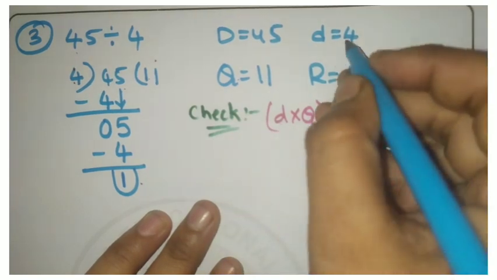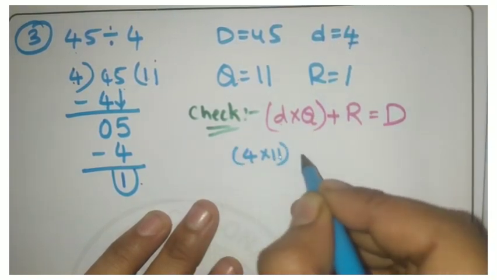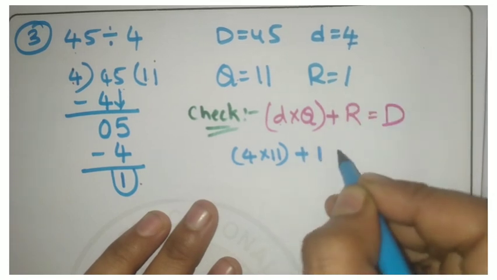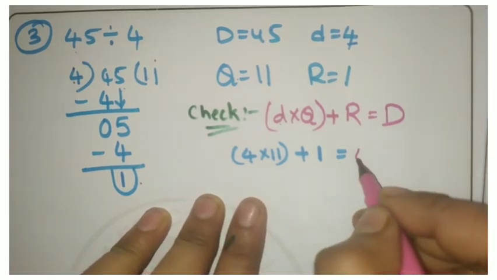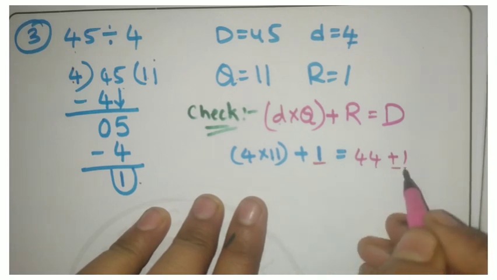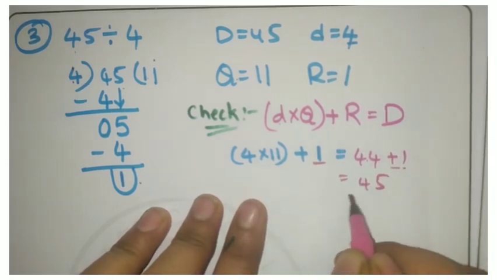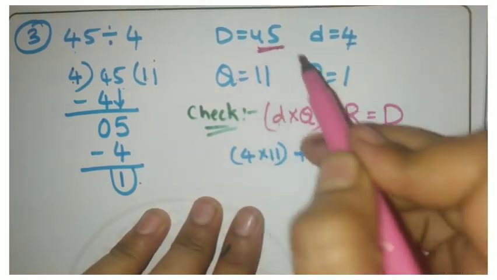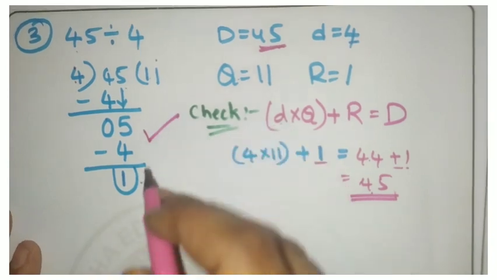What is the divisor here? 4 into 11 plus r, which is 1. 11 fours are 44. 44 plus 1. Here 1 is there, no? So we have to add 1 to this number. Okay, 44 plus 1 is 45. We got the dividend. Yes, if you get this same, this answer is correct.